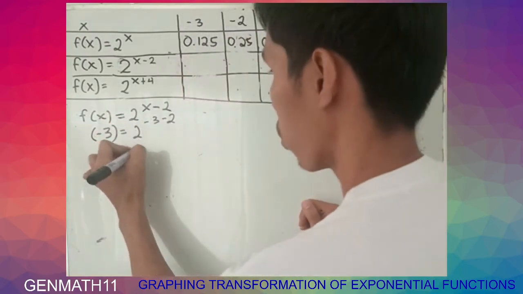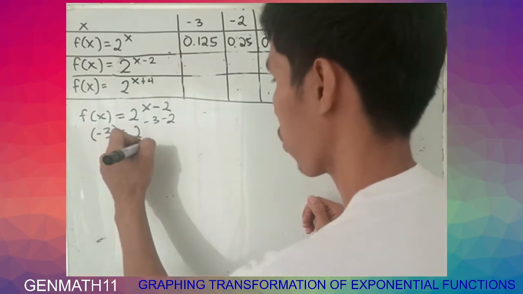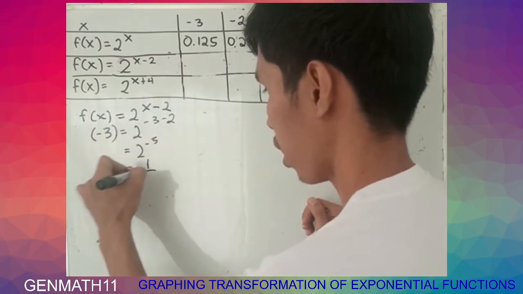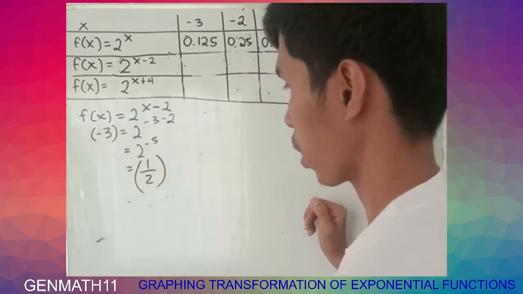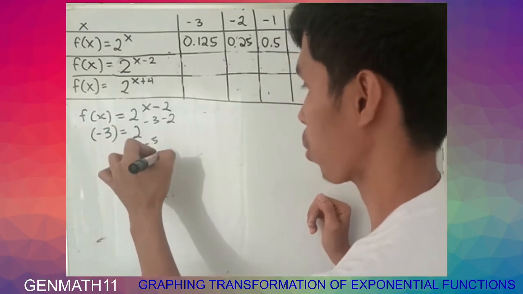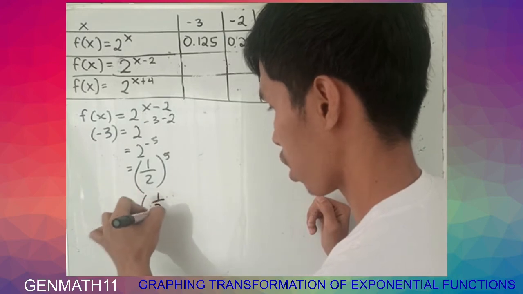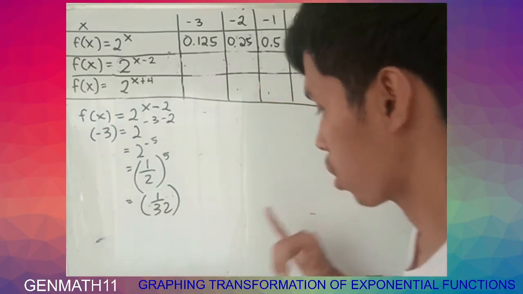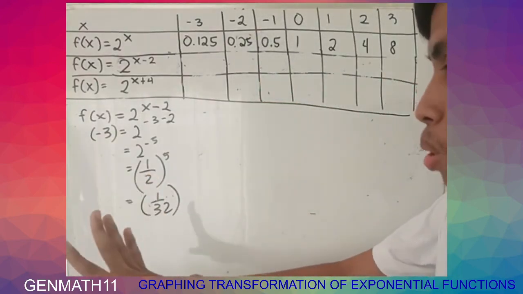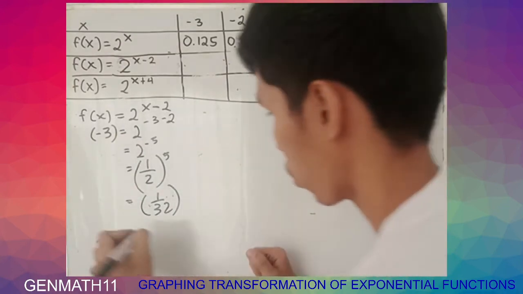Negative 3 minus 2 is negative 5. Then, reciprocal natin magiging 1/2, then magiging positive yung ating exponent. So, 1 over 32. Tama ba? 2 times 2, 4 times 2, 8 times 2, 16 times 2 is 32.